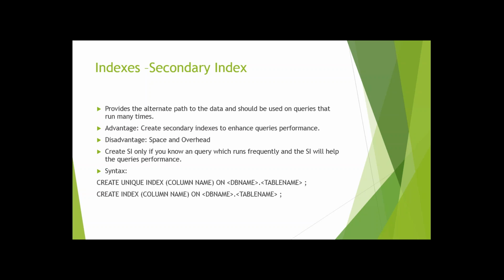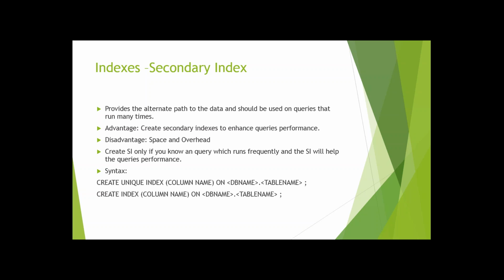Secondary index, what does it do? It provides an alternate path to the data. You can access the data using the primary index, but in our example, we want to access the data using department number.